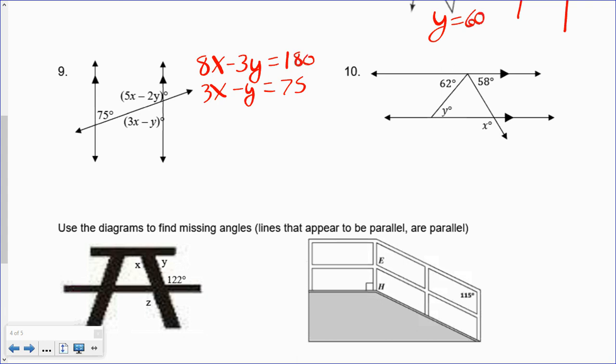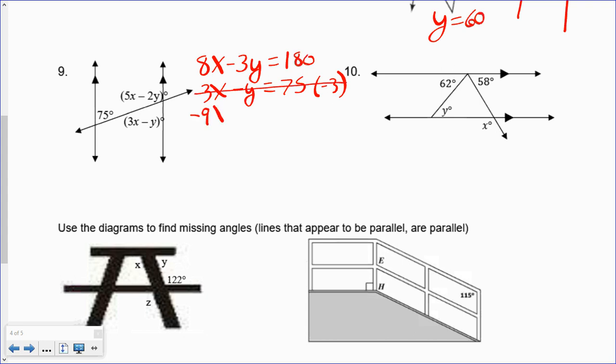So, are these ready to add down? No. How do I adjust this? 8 times 3. Which variable do you want to cancel? Y. It's easiest to cancel y. So if I multiply the bottom times, that'll work out for us. So I'm just going to cross it out and rewrite it.